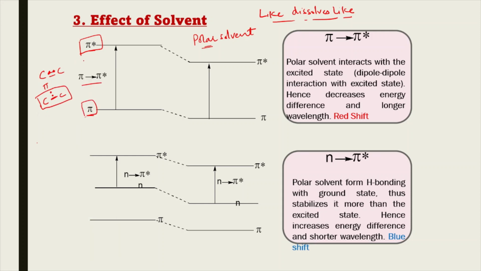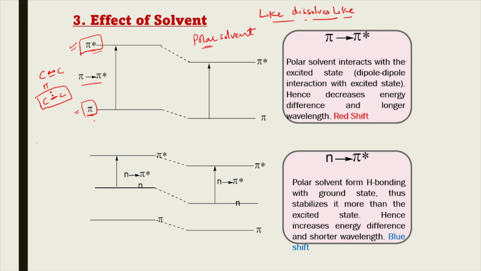Now, in the pi star system, there is charge distribution between the atoms, which makes it more polar as compared to the pi system. So, when we change the polarity of the solvent, then this polar solvent stabilizes the pi star state more as compared to pi.